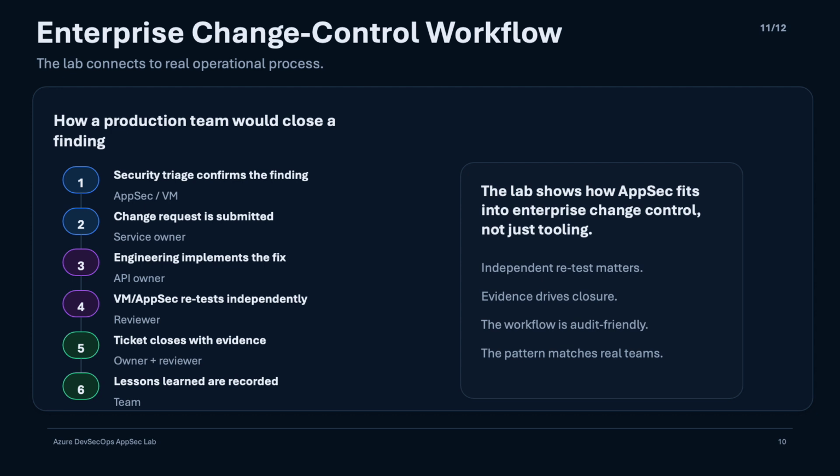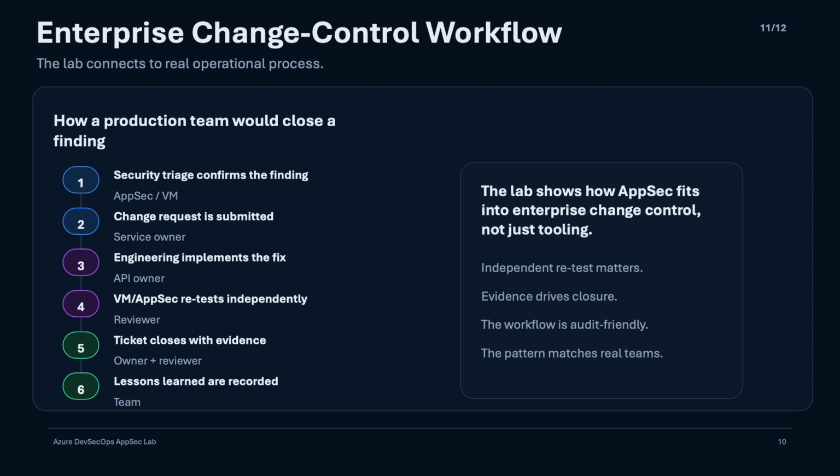The AppSec or vulnerability management team confirms the finding, validates the risk, and identifies the proper owner. For the higher risk issue, a change request is usually submitted. That gives the service owner, engineering manager, and the change board visibility into the scope, timing, and rollback plan just in case anything goes awry.